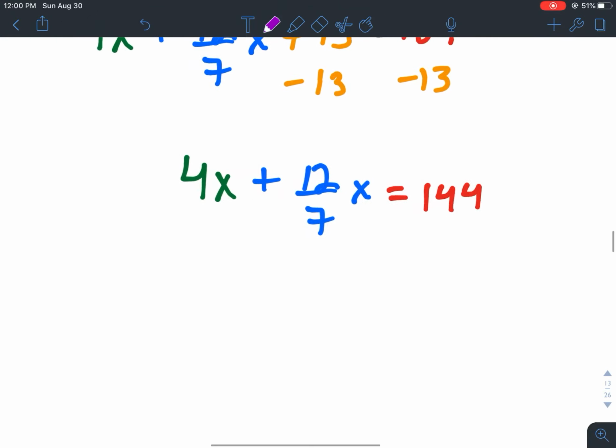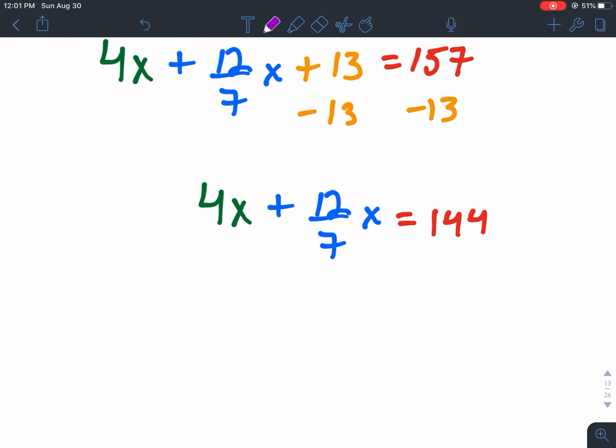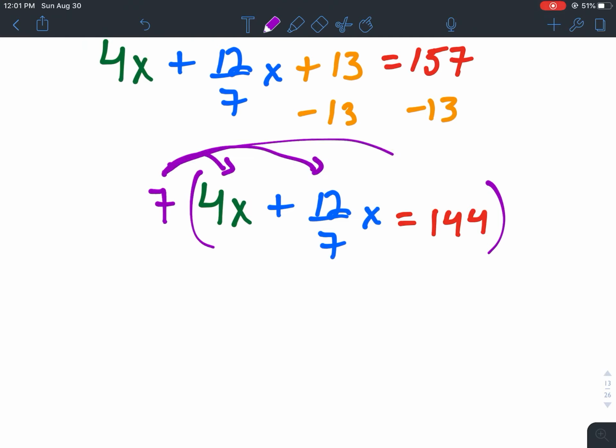Now how to deal with this fraction? There's several ways. We could get a like denominator. But one way to actually get rid of fractions and manipulate this equation is by multiplying the whole thing by the denominator that we have, which is 7. So by multiplying this whole equation, we're going to get rid of that denominator 7.